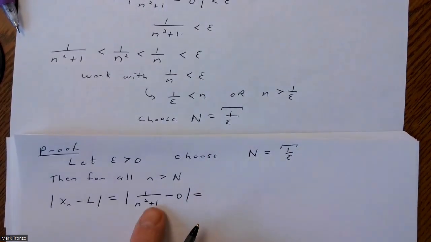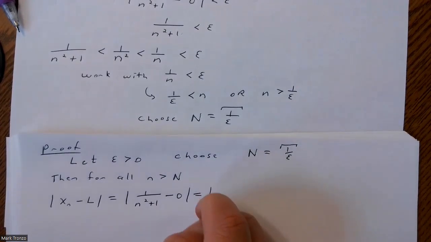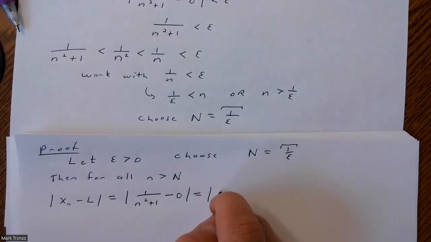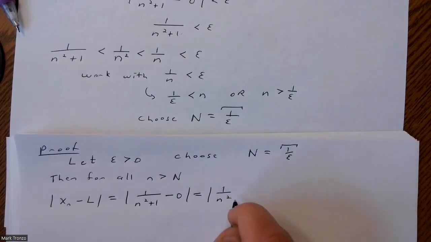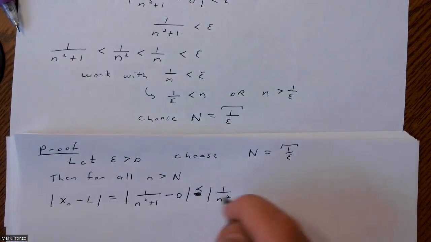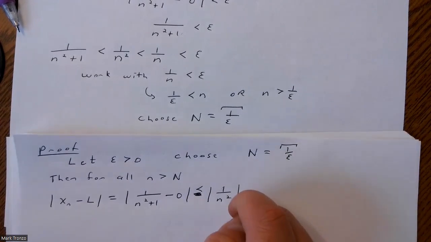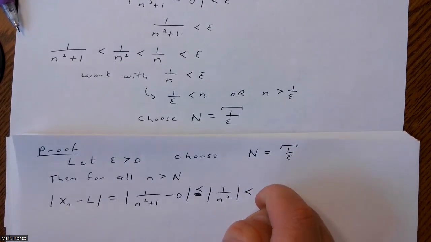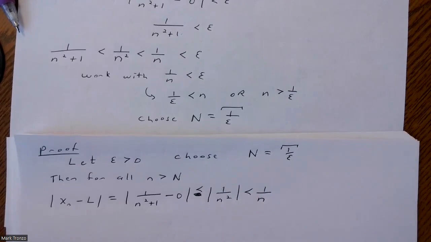So once again, you can do this in 1 step, but I'm going to do it in 2 steps just so it's clear. So if we take away the 1, we can say, sorry about that, that should be less than. And if we, again, do an n, we can say this.